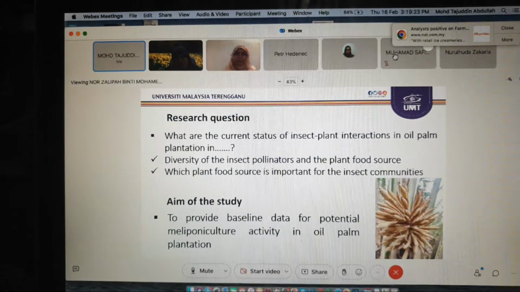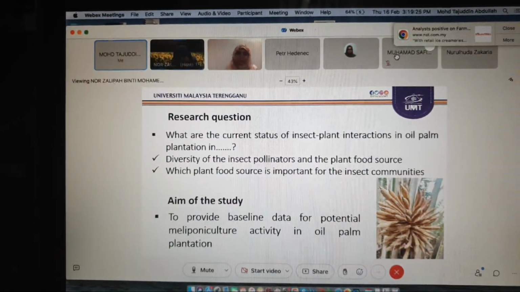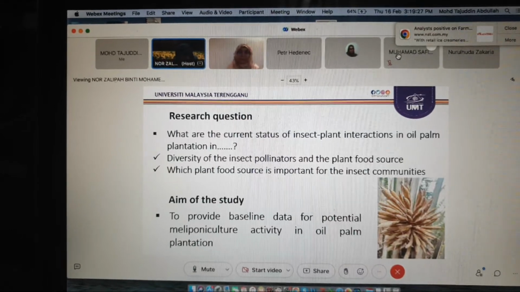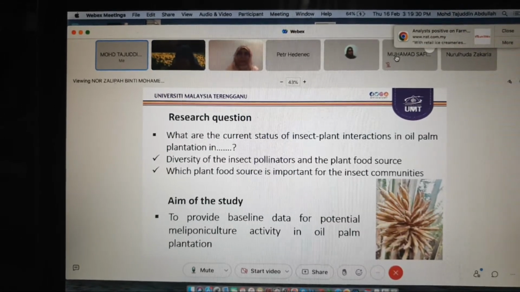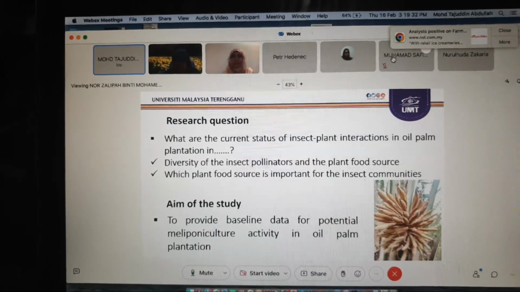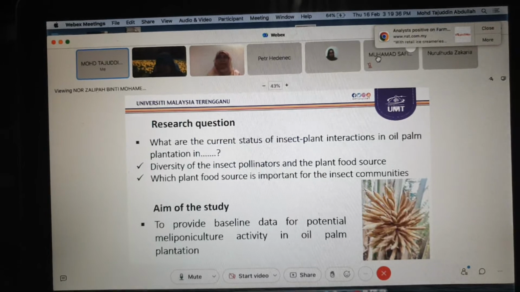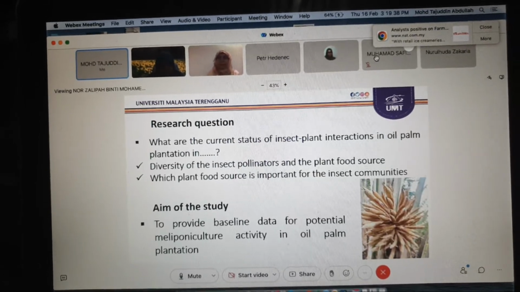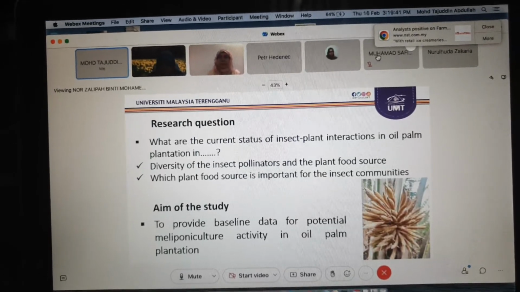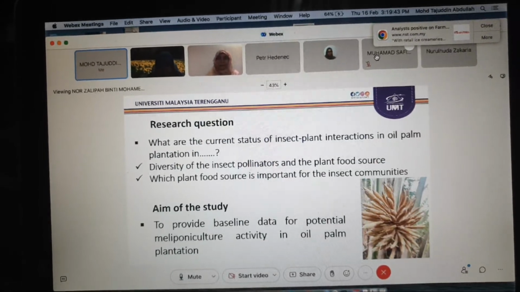Ada competitor tak? Ada. Must be. Okay. So kalau ada competitor, then you have to get ready. Of course dia juga become a food source for the other birds and so on, yeah.